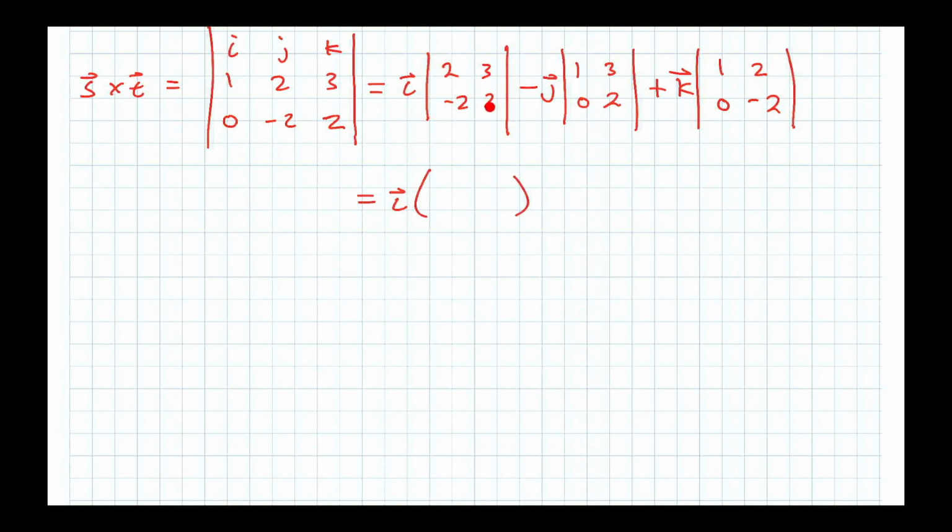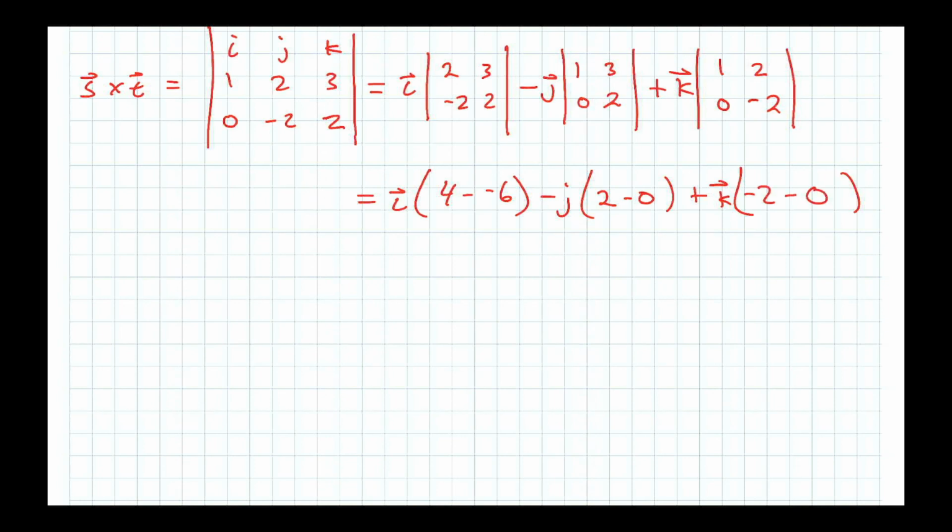We have i, parentheses, 4 minus 6. Okay, next one, minus j, parentheses, 2 minus 0, plus k. The zeros are nice to have, right? 1 times negative 2 minus 0.